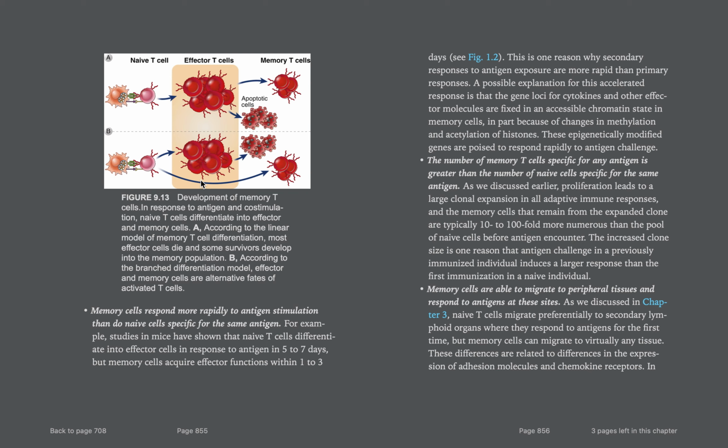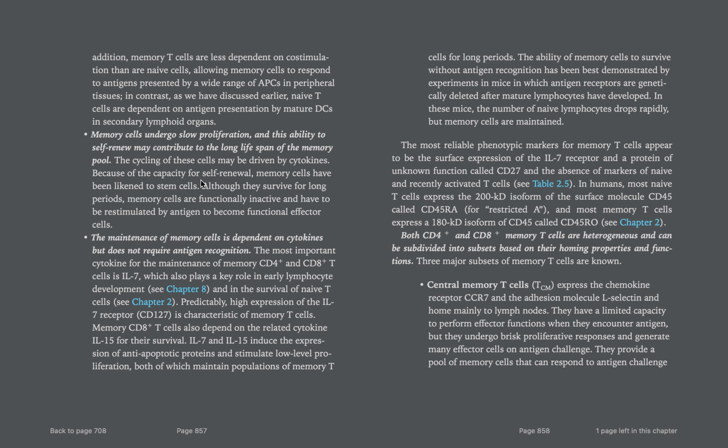These differences are related to differences in the expression of adhesion molecules and chemokine receptors. In addition, memory T cells are less dependent on costimulation than naive T cells, allowing memory cells to respond to antigen presented by a wide range of antigen-presenting cells in peripheral tissue.